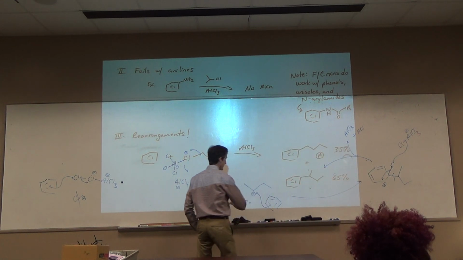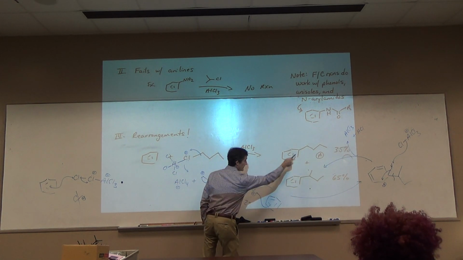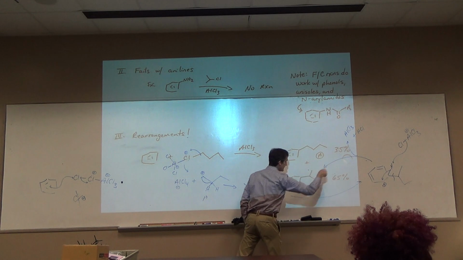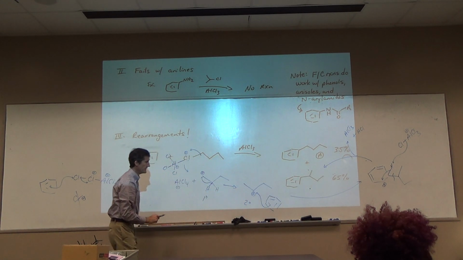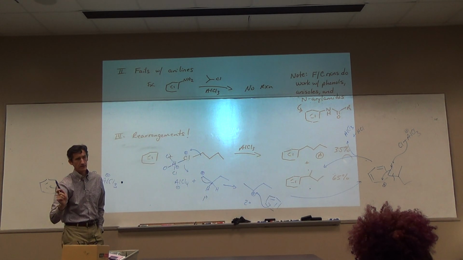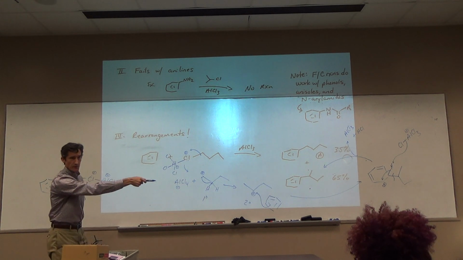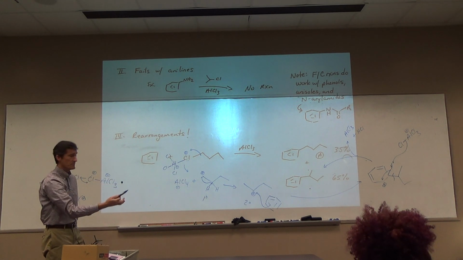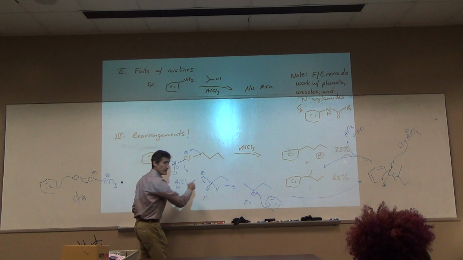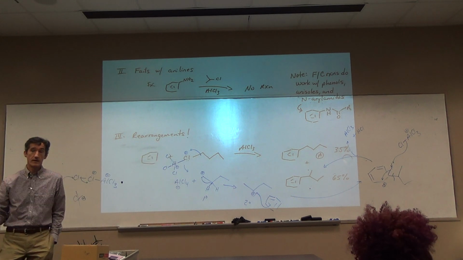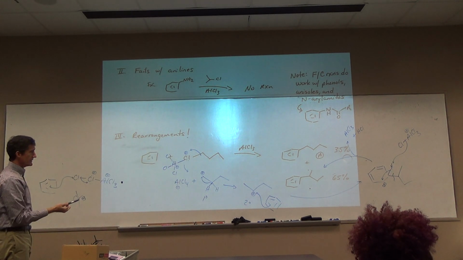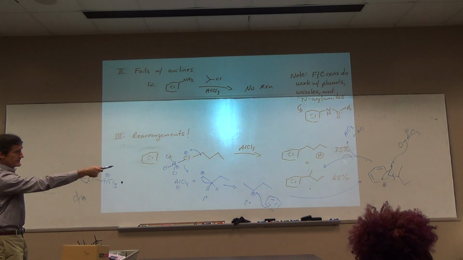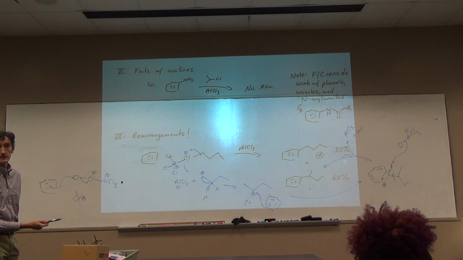The key thing here is, apparently, because this is real live data here, apparently this thing rearranges. But here's the key point. The fact that you get some rearranged product means you must have had primary cation. Because if the primary cation never formed, then you would never be getting a rearranged product.